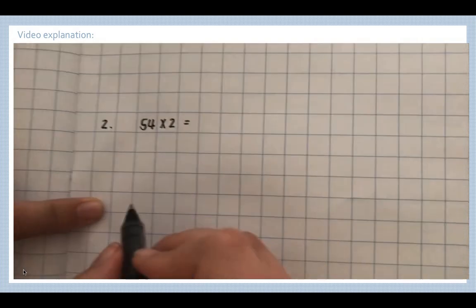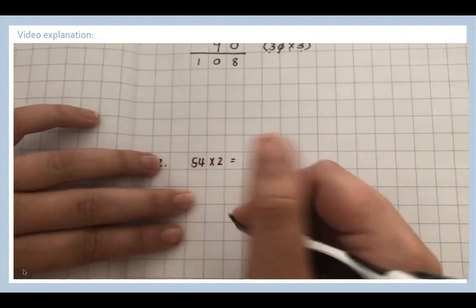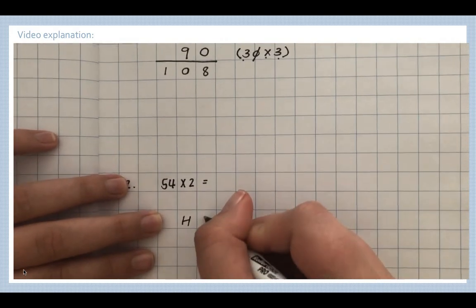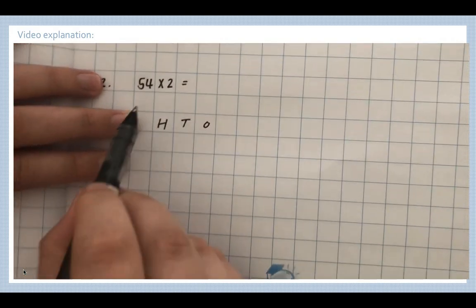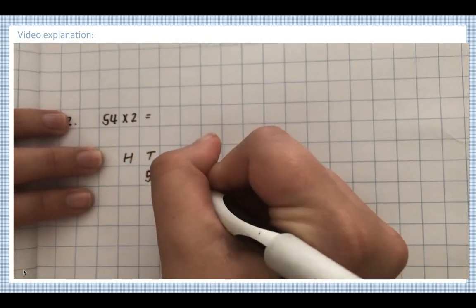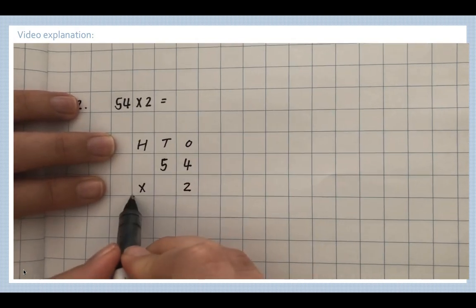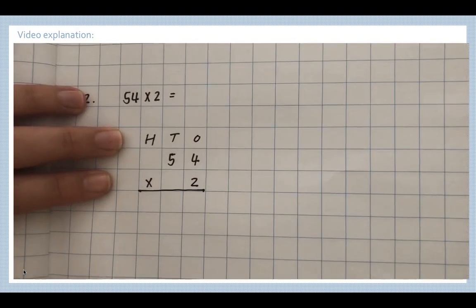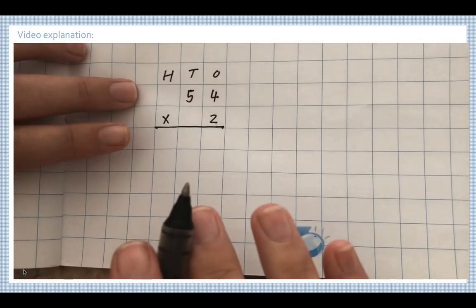So now I have another example. I'm going to go quicker doing this one. So we have our hundreds, tens, and ones unit. You're going to write down, because this is our first step, 54 times 2 and my equal line. My second step here, step number 1, done.